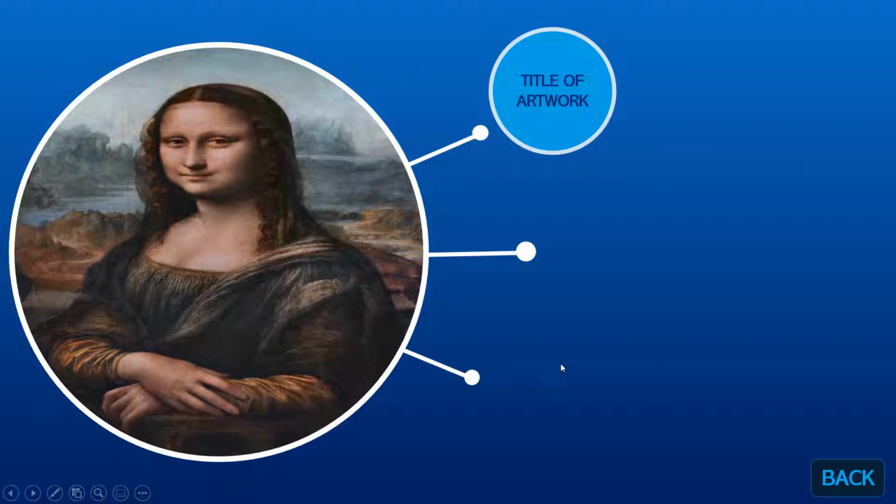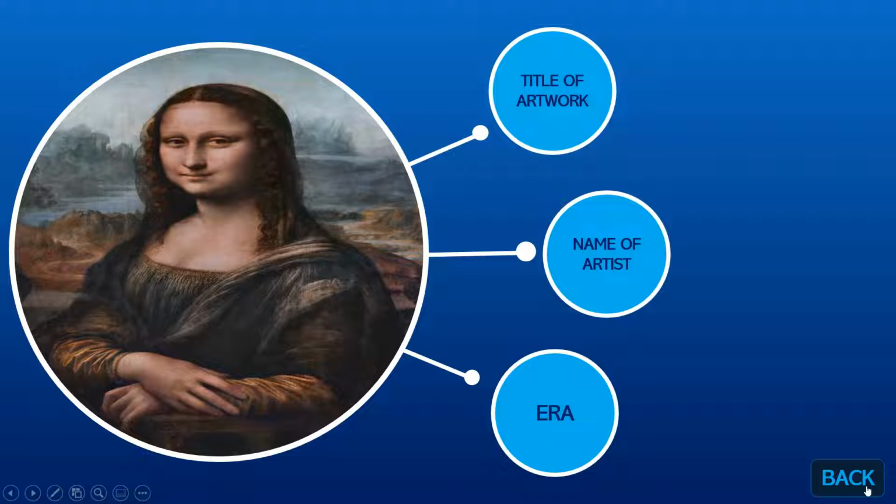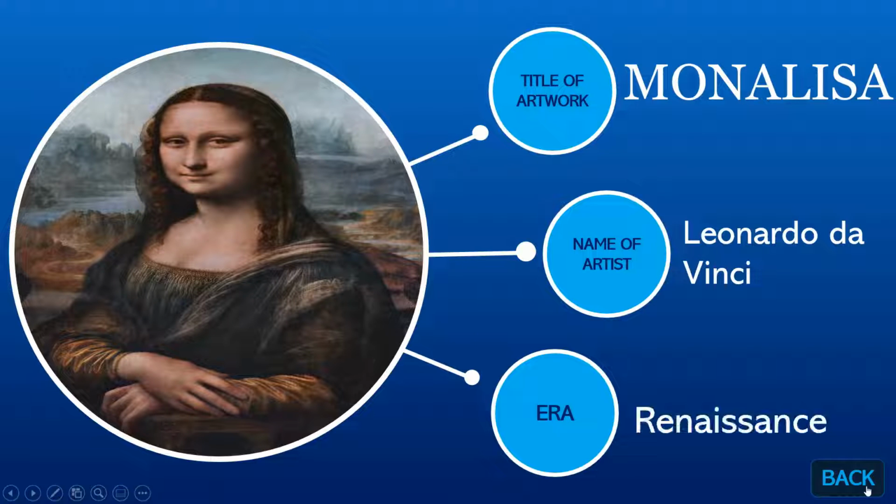Next picture. What is the title of artwork, name of artist, and era? This artwork is called Mona Lisa by Leonardo da Vinci, and it is from the Renaissance period.